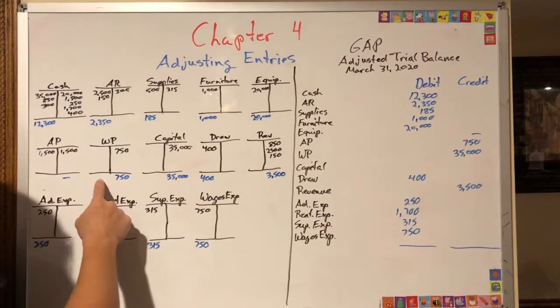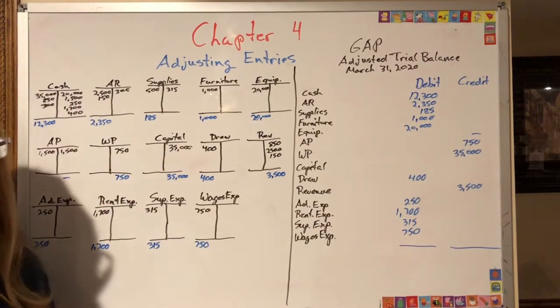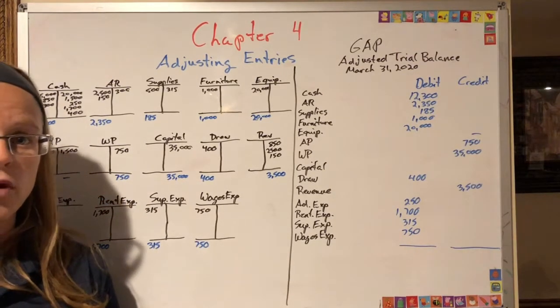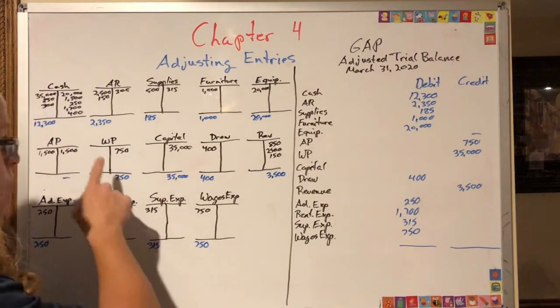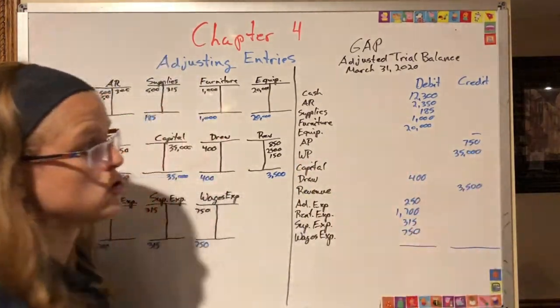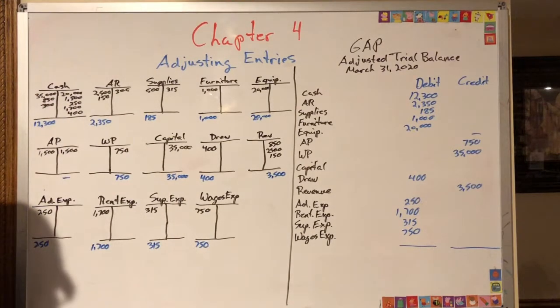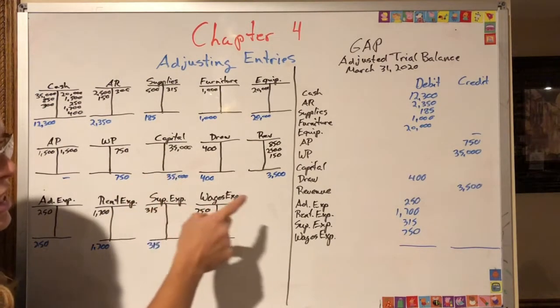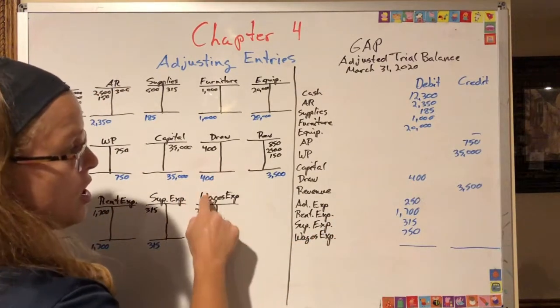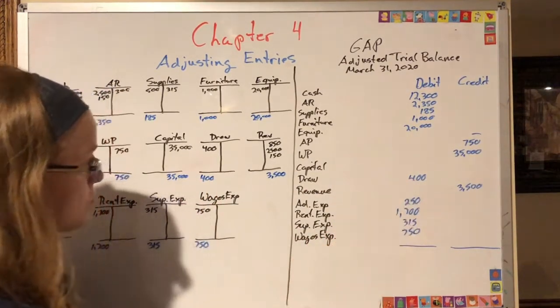But we have this new account, wages payable, because Ann's employees earned $750, but we're not paid for it yet. So we have wages payable of $750. So Ann owes her employees that money. Capital stays the same, $35,000 credited. Our draw is $400.